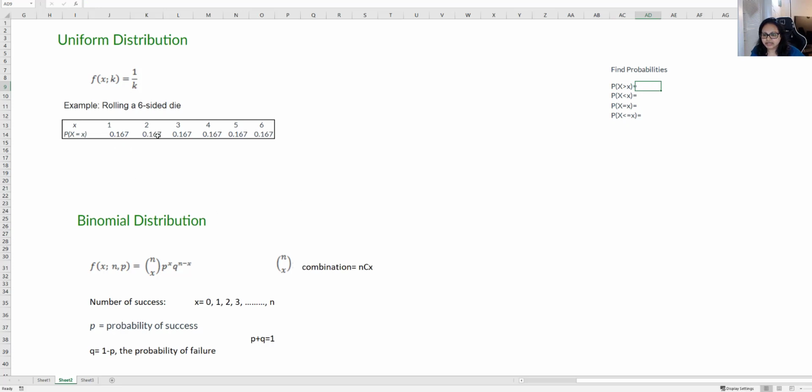Then you have to consider which value I'm talking about, and which values are included. Or I might ask you to find the probability of less than some value, less than 3 maybe.